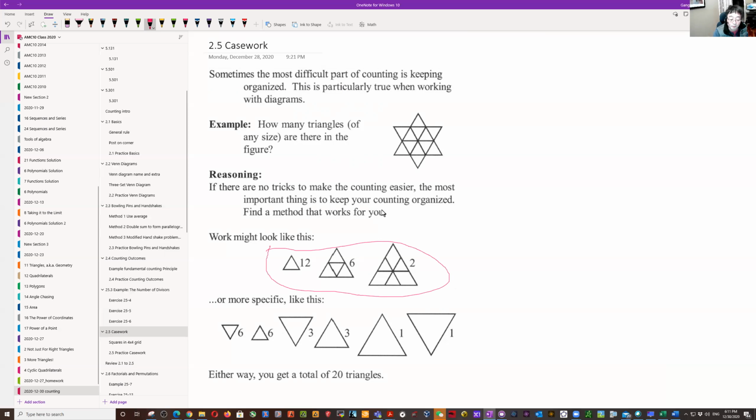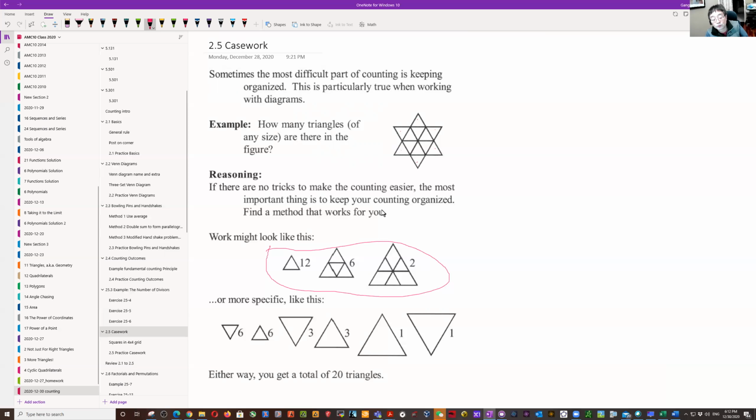And the bigger triangles, like 1, 2, 3, and don't forget 4, 5, so it's actually 6 of them if you really just count the tips sticking out.